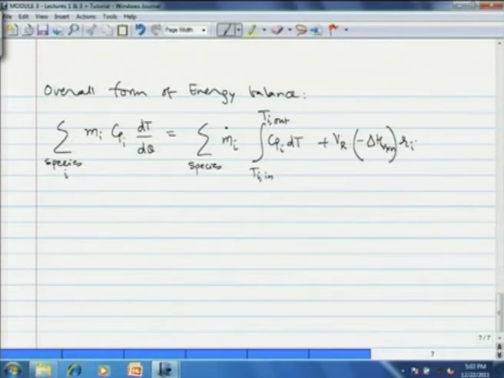Now, we are denoting it as Vr into minus delta H Rxn into Ri. Ri is the rate of reaction, minus delta H Rxn is the specific heat of the reaction, heat liberated or absorbed per mole of reactant, and Vr is the volume of the reactor. Plus, if there is any external power input to the reactor, then that comes into picture.